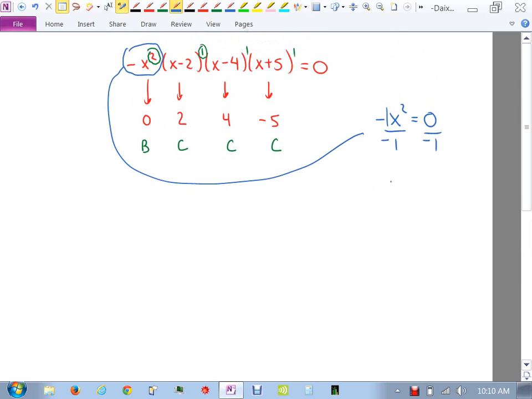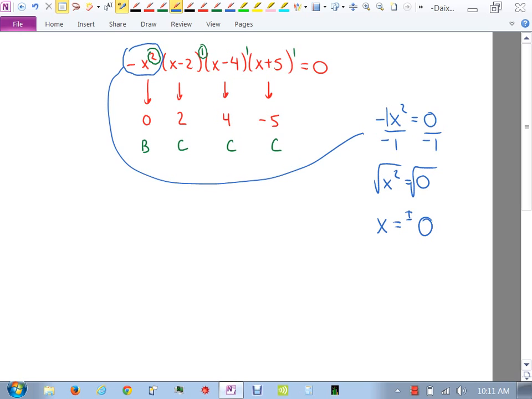So x squared must still be 0, because 0 divided by negative 1 is still 0. And when some number squared has to be 0, that means x has to be 0. Another way you could do it is take the square root on both sides. So x must be the square root of 0. Well, plus or minus, doesn't matter. Square root of 0 is 0.